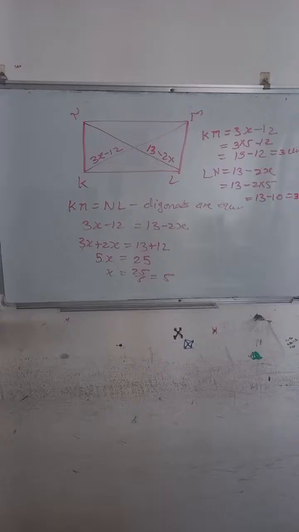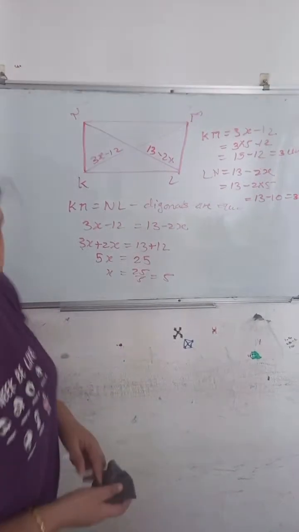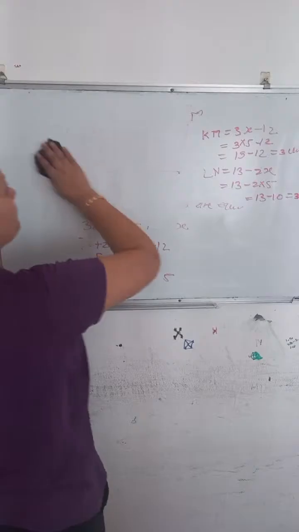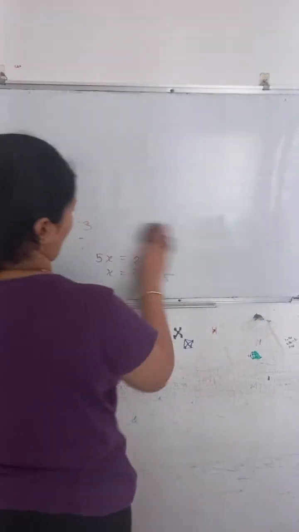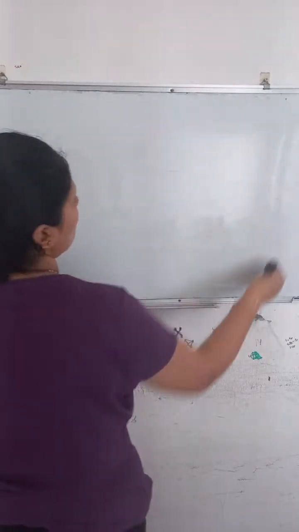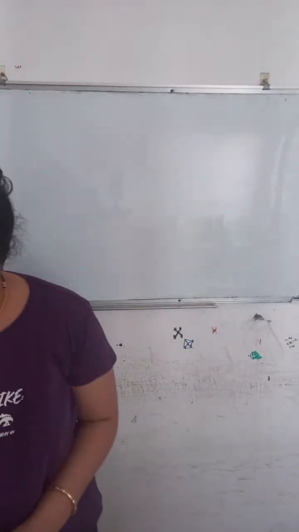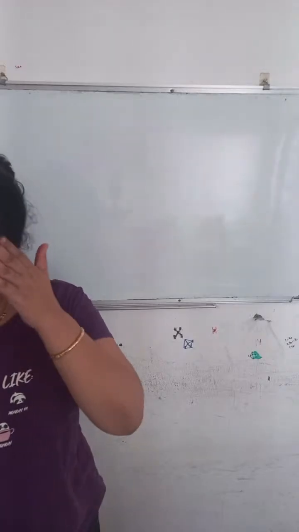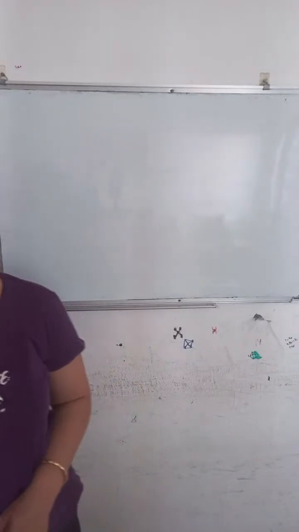Find the value of angle DEF and also prove that DEFG is a trapezium. One more time I will repeat. Find the value of angle DEF and also prove that DEFG is a trapezium.